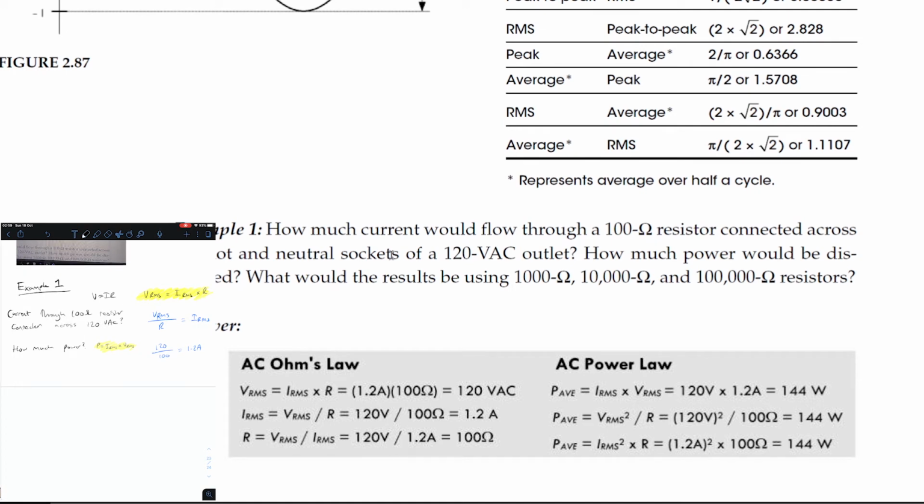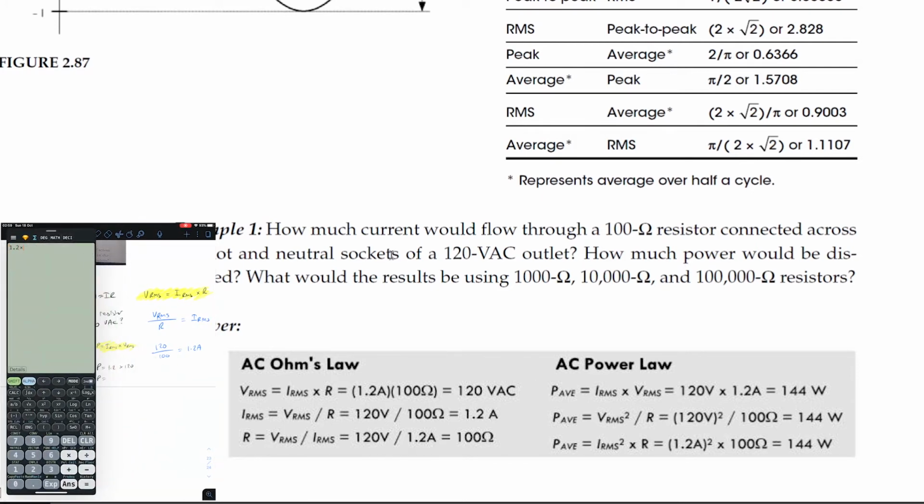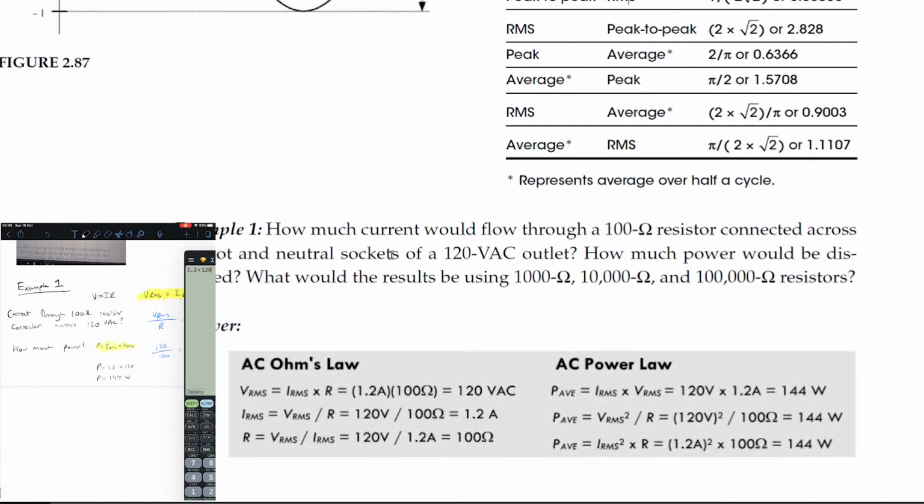Okay, so power is equal to the current times the voltage. So P is equal to 1.2 times 120. I better do that in my head: 144 watts. Okay, any more? What would the results be using 1,000, 10,000, and 100,000?